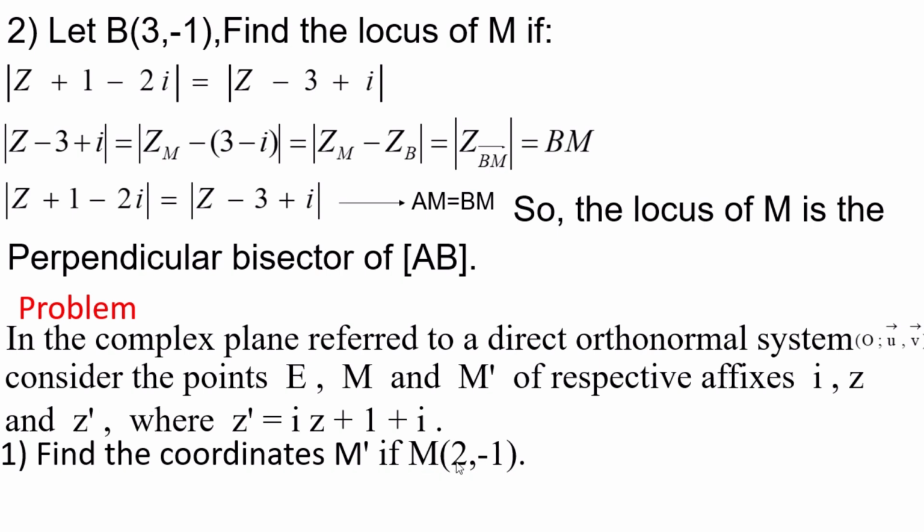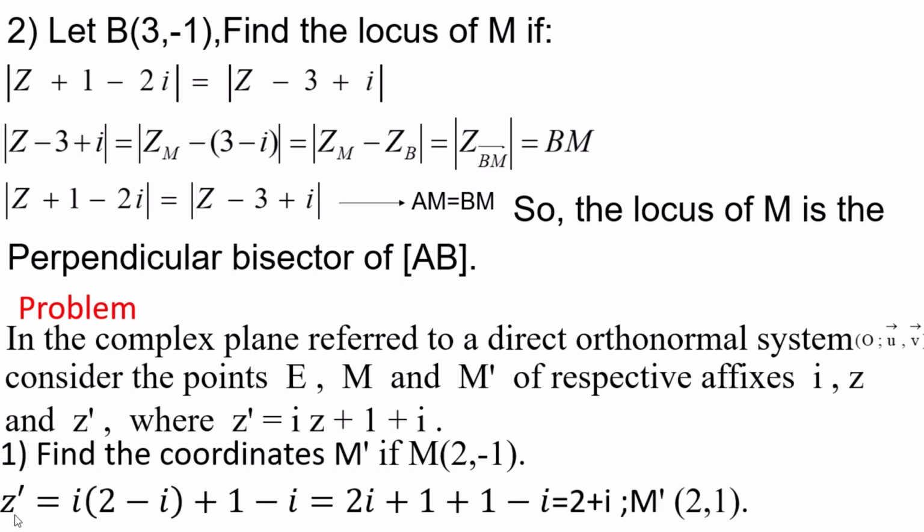Then z equals 2 minus i. We substitute z equal to 2 minus i and we find z prime, which gives the coordinates of M prime. z prime equals i times (2 minus i), which equals 2 plus i. What are the coordinates of M prime? M prime is the point of affix z prime, so M prime is (2, 1).